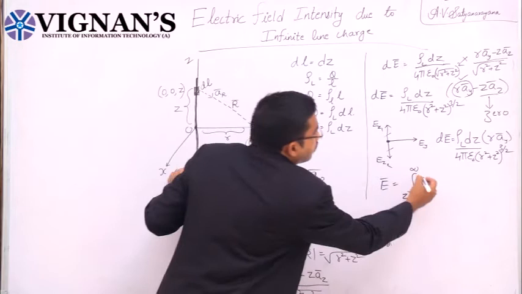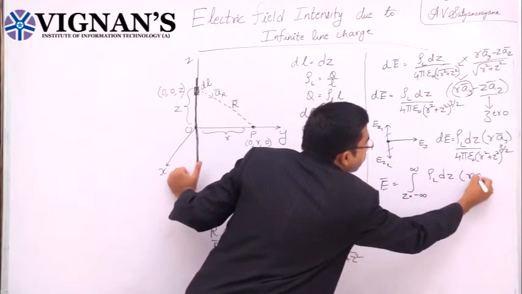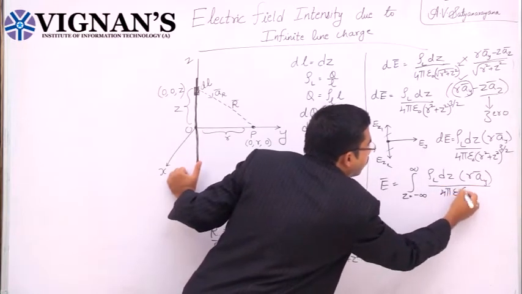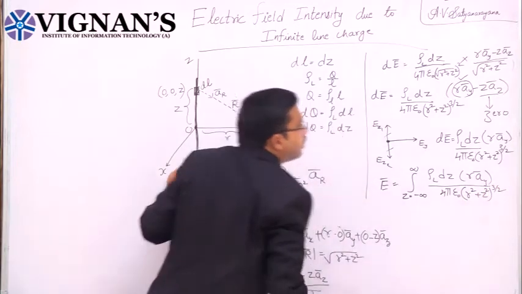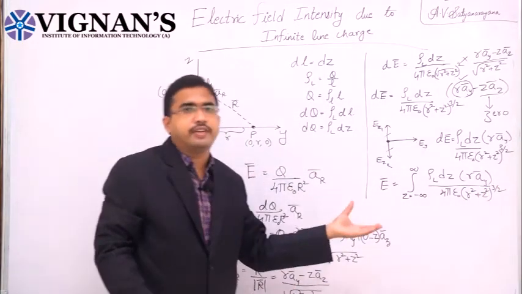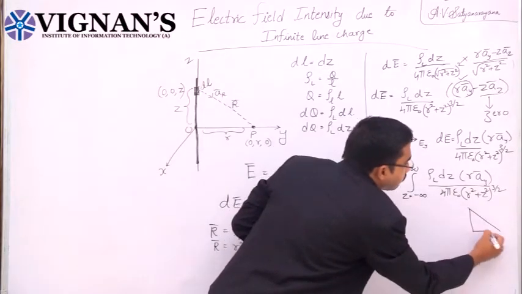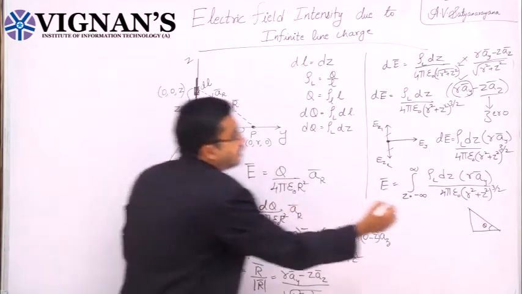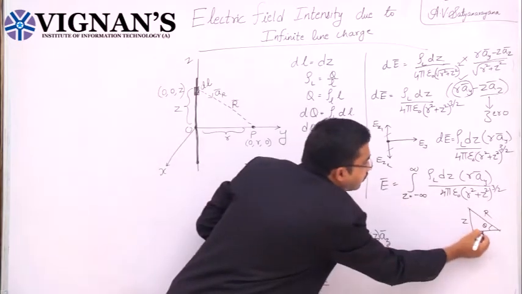Okay. So rho_L dz r a_y bar by 4 pi epsilon naught r square plus z square whole power 3 by 2. So for our simplification purpose, I am taking this triangle here. See, what are the lengths here? This is capital R, this is Z, and this is small r.